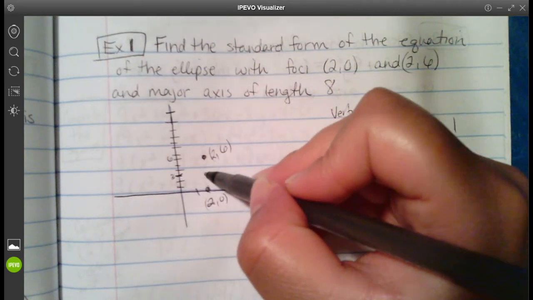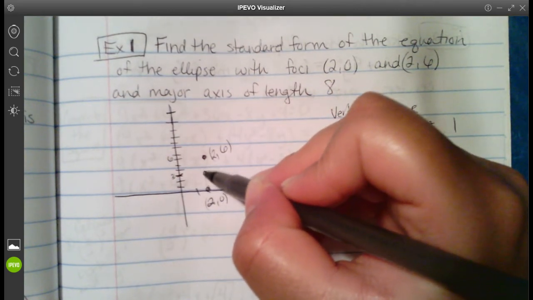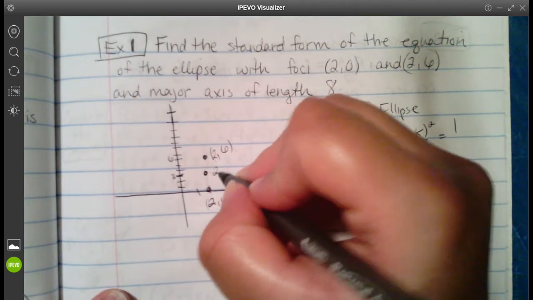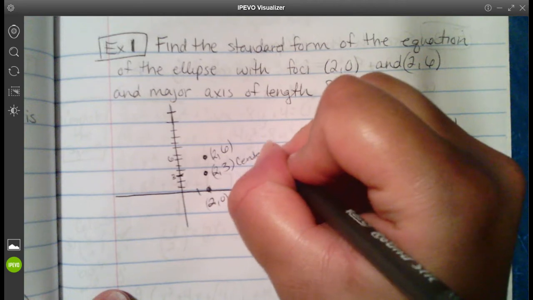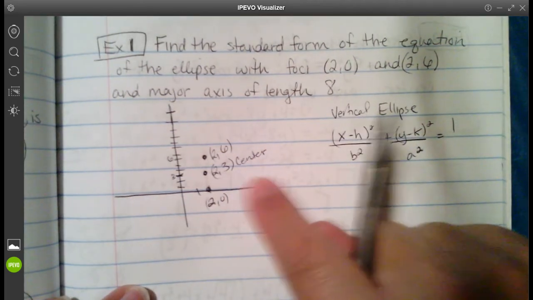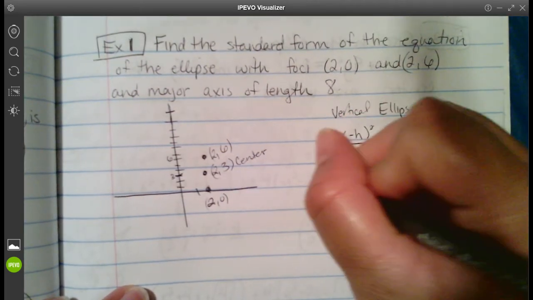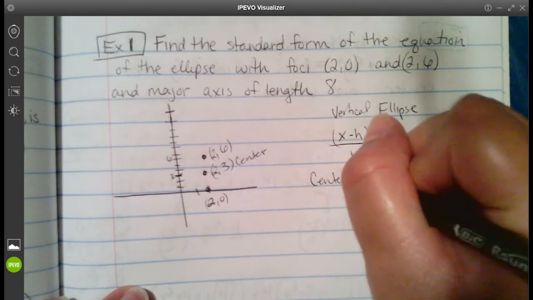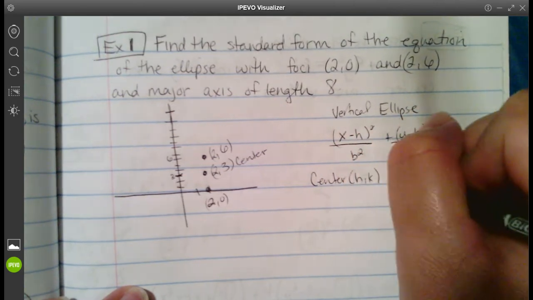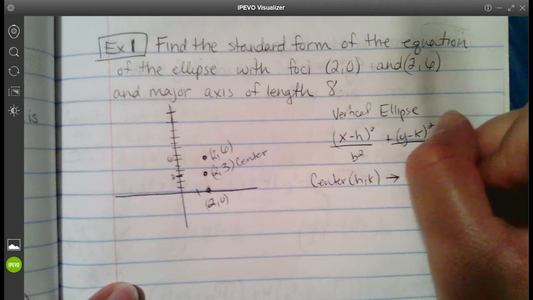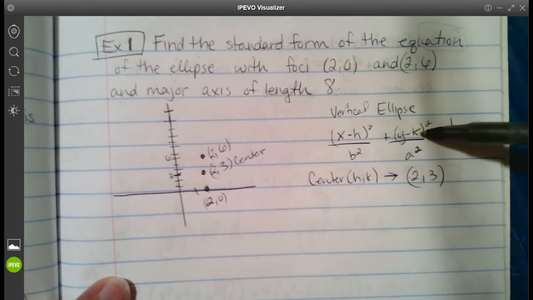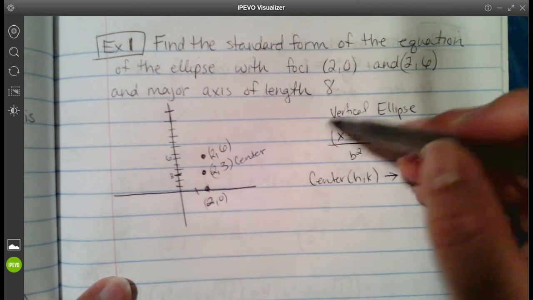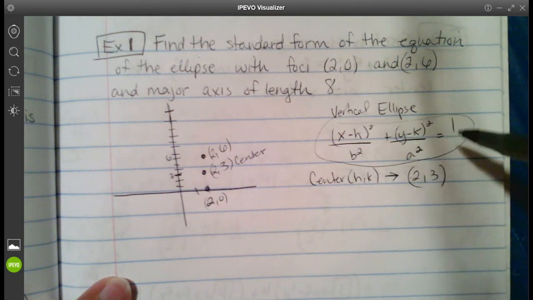So it looks like the center is going to be right here at 2, 3. So I already have one of the things that I need. I need h, k, and for my center, which is h, k, I have the point 2, 3. I could just plug those into my h and my k at some point. Remember, I need to get this equation, but I'll do that in just a bit.